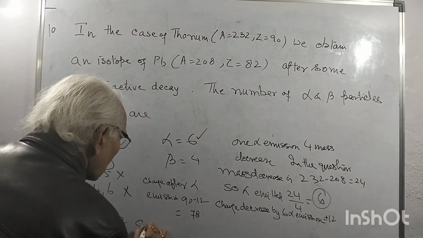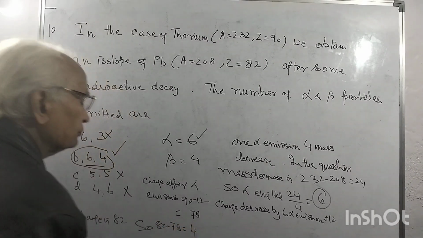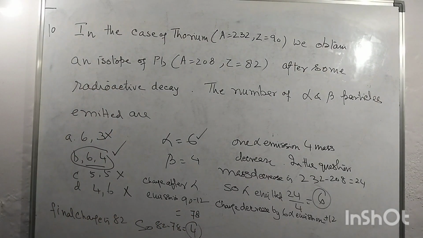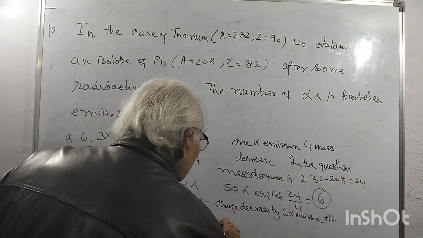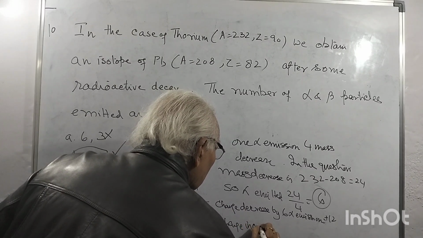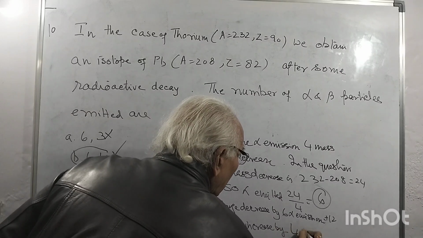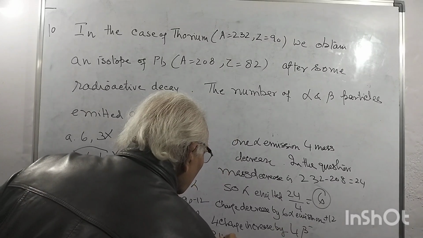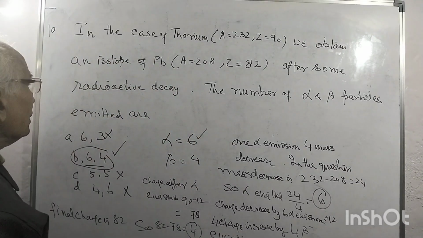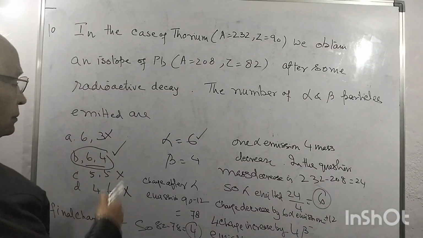So 82 minus 78 equals 4. How does 4 charge increase? By 4 beta emissions, because 1 beta emission increases charge by 1 positive unit. So the answer is 6 and 4. This is the correct answer and not any other.